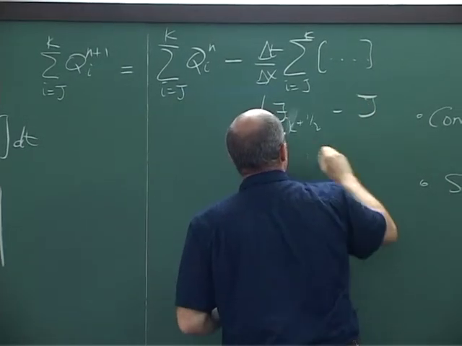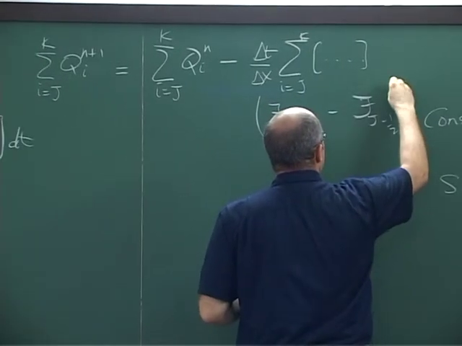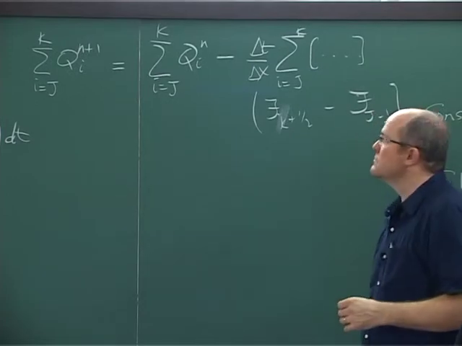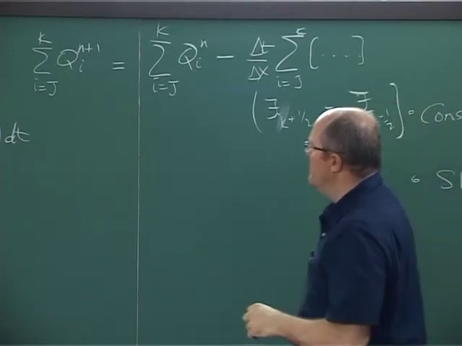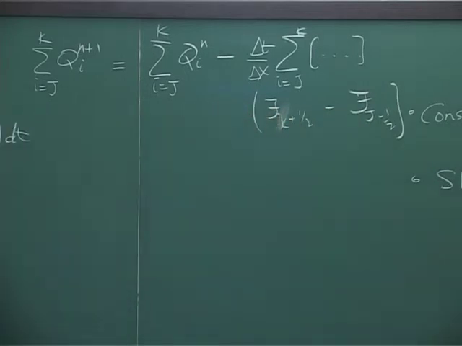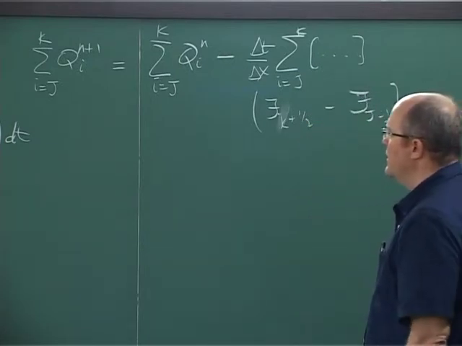And this is a k, and this is a j minus a half. Yeah, I messed up the sign there. Sorry, that should be a minus sign.